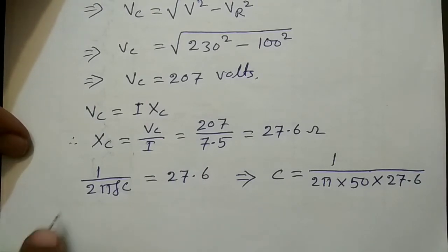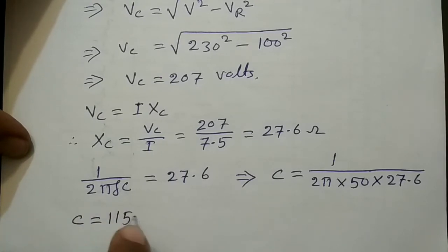And after solving, we'll get the value of C is equal to 115.33 into 10 to the power minus 6 farad.